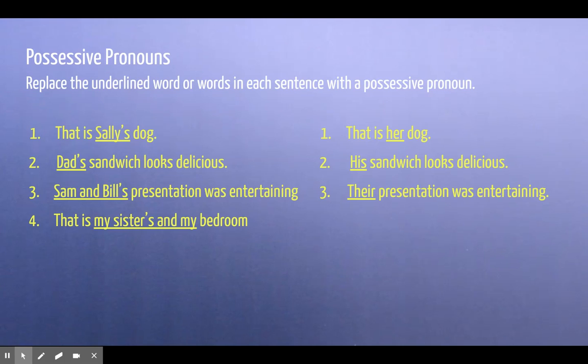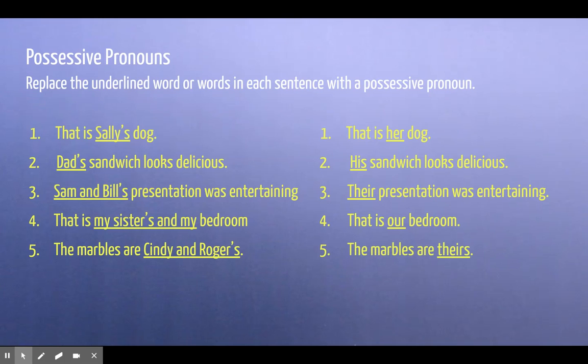So you are going to use the possessive pronoun our. That is our bedroom. Number 5, the marbles are Cindy's and Roger's. Cindy and Roger are the nouns, and we need to replace them with a possessive plural pronoun. So we are going to use the marbles are theirs. It's Cindy and Roger, so we're using theirs.